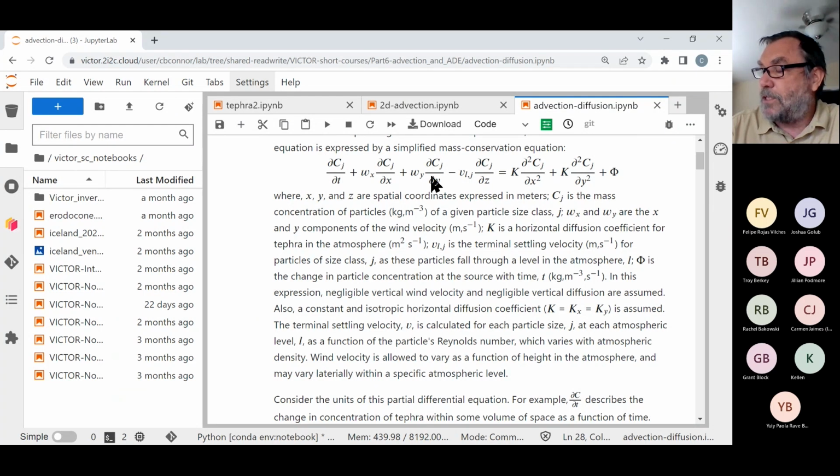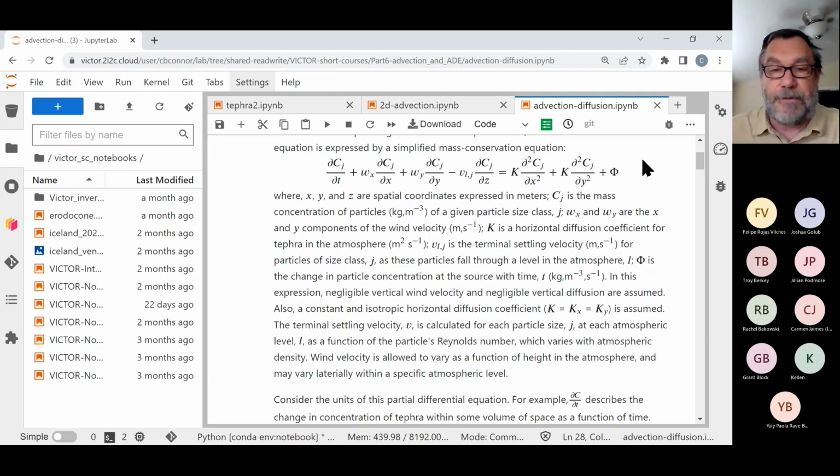So I can deal with the advection and the diffusion separately, making my life easier. I can do the finite approximation to this equation as long as my time step is small enough not to cause numerical instability. And I can add a source term anytime to this equation.